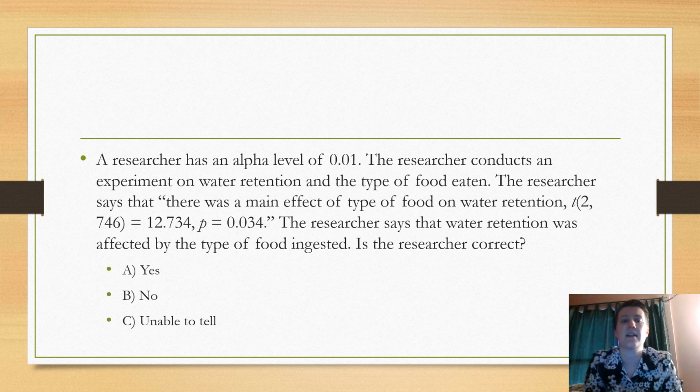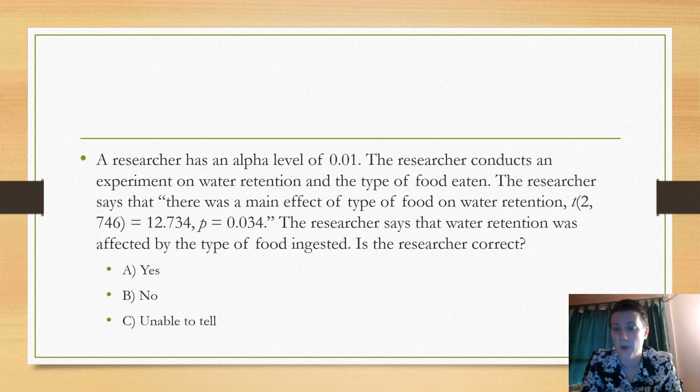The researcher said that there was a main effect of type of food on water retention, with these T test results: T with degrees of freedom of 2,746 and a test statistic of 12.734, with a p-value of 0.034. The researcher says that water retention was affected by the type of food ingested.